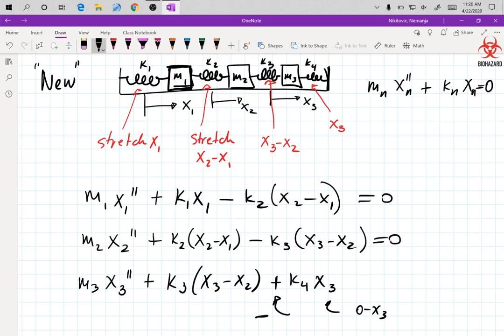I hope you see the pattern. It's x1, and then x2 minus x1, then x3 minus x2. This should be x4 minus x3, but there is no x4, so that's a big fat 0, and it becomes negative x3, and that changes this sign to a positive. I don't know if that makes sense with you guys.